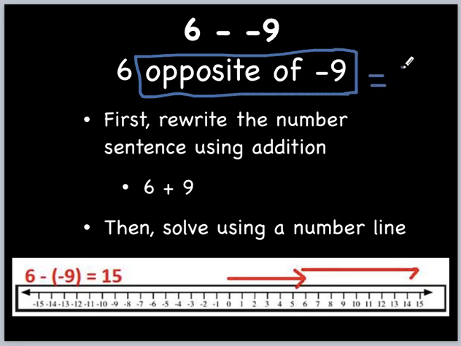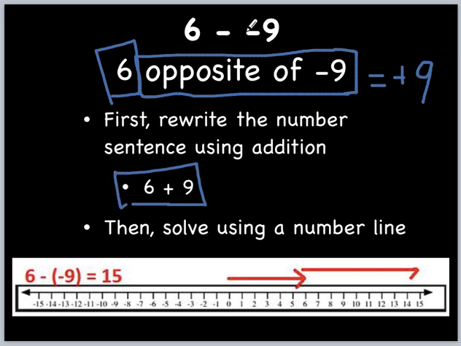That is positive 9. Therefore, adding the 6 here, it becomes 6 plus 9. So when you see a double negative between two numbers, just simply remove those two negative signs and replace them with an addition sign, because that simply means the opposite of negative 9.